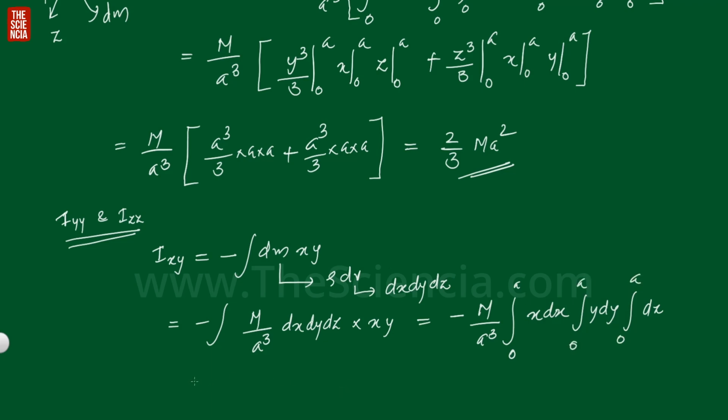So what we get is minus m by a cube into the integral of x, which is x square by 2. Substituting the limits, we get a square by 2 into a square by 2 into a. So it is equal to minus m a square by 4.